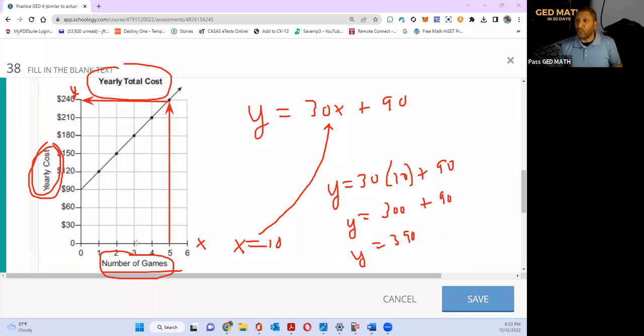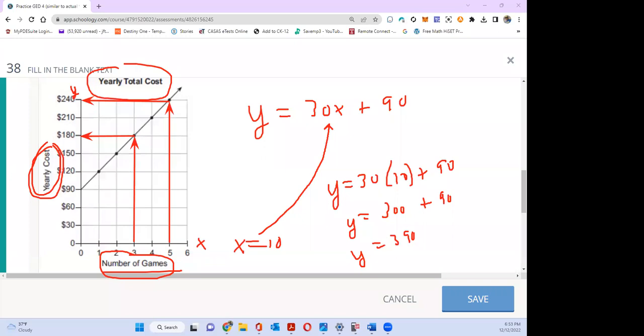If I want to know how much 3 games cost, up to my line, over to my Y. 3 games would cost 80. So if I had the graph and those games are listed, all I have to do is find the intersection. Take my X up to the line, go over to the corresponding Y. If it's not on the graph, I need to plug that into my equation. Does everybody understand that? Yes, sir.